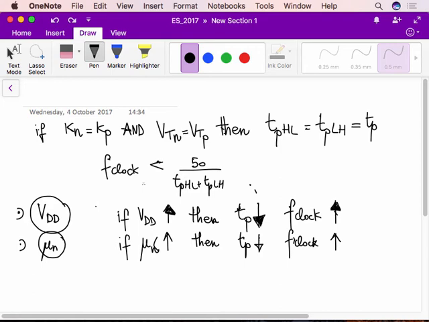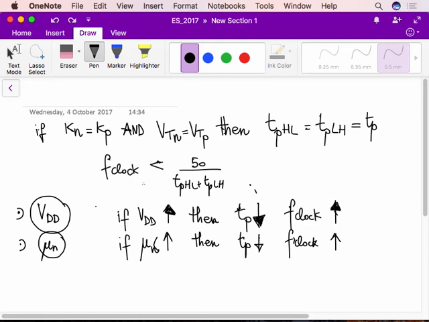And this is the reason why there has been this change of properties of the materials used for the channel at the beginning of 2000, between 2003 and 2005.